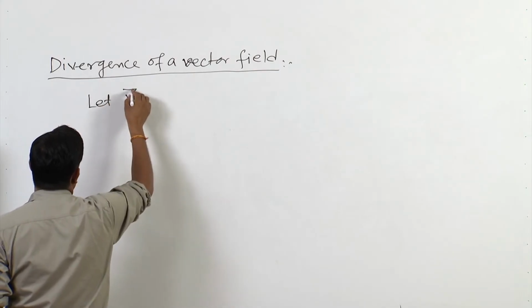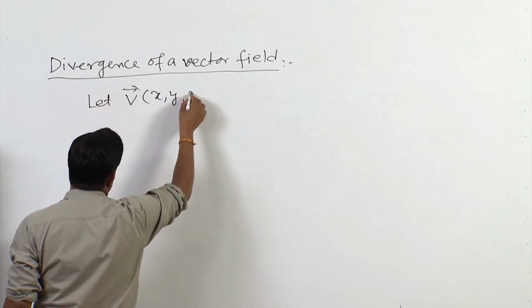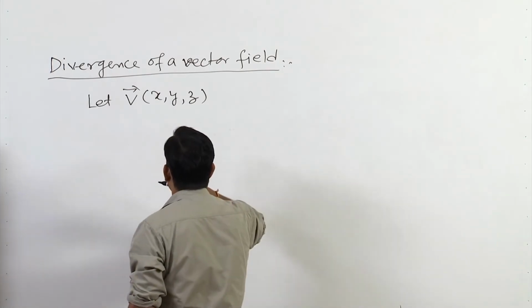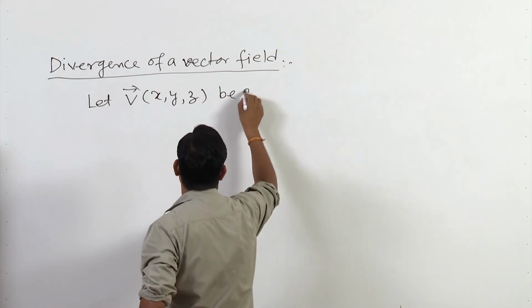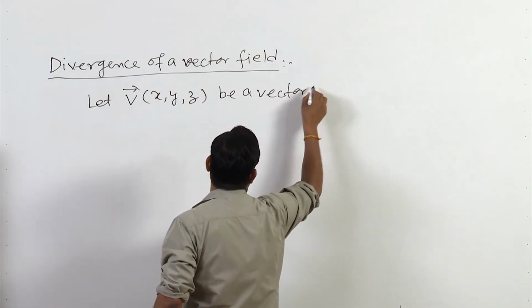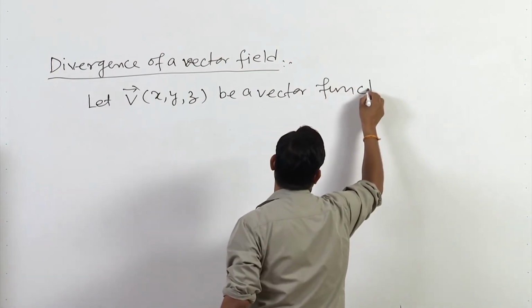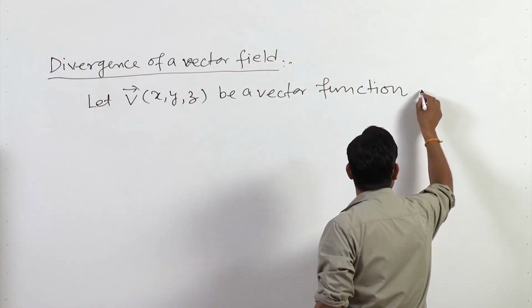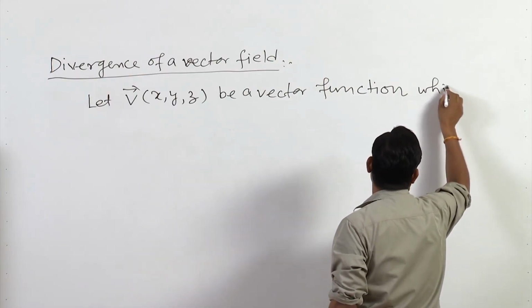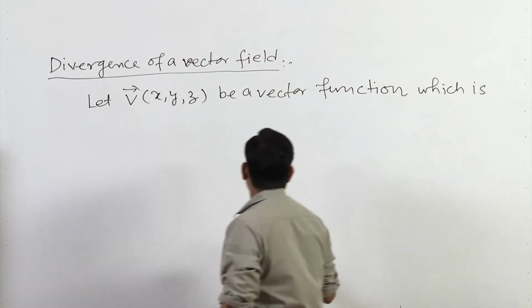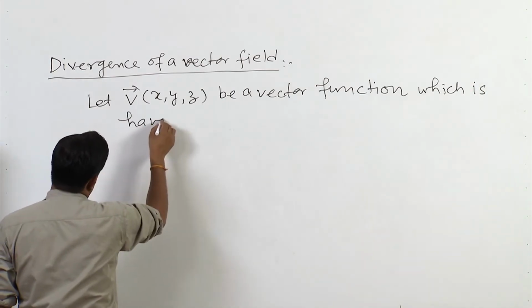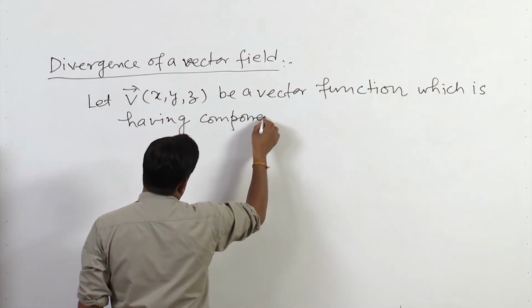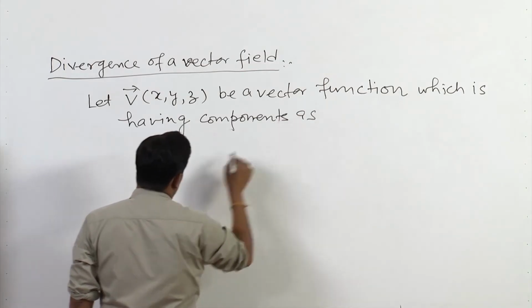So, let V arrow of x y z be a vector function which has components as follows.